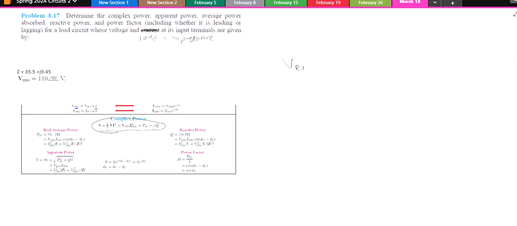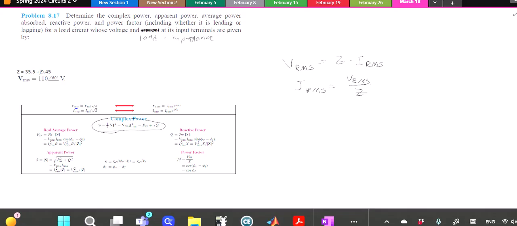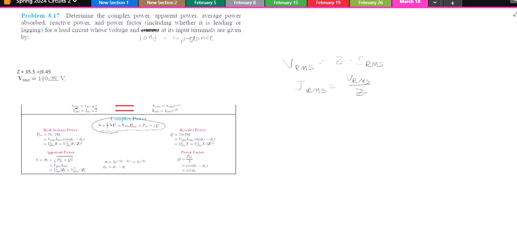So V RMS equals Z times I RMS. And so I RMS equals V RMS over Z. So let's change Z to polar. So Z equals 35.5 plus J 9.45.